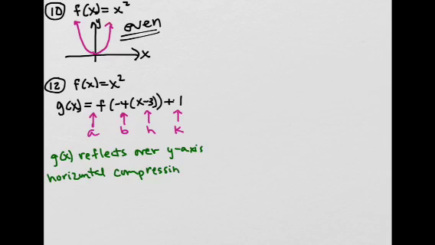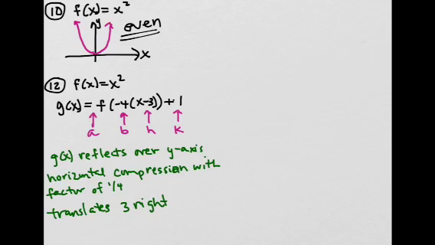So, compression with factor of 1/4. And then it translates 3 units right, because again h is counterintuitive. If it says -3, it's actually to the right, and 1 unit up. So this is all you have to write for describing the transformation.